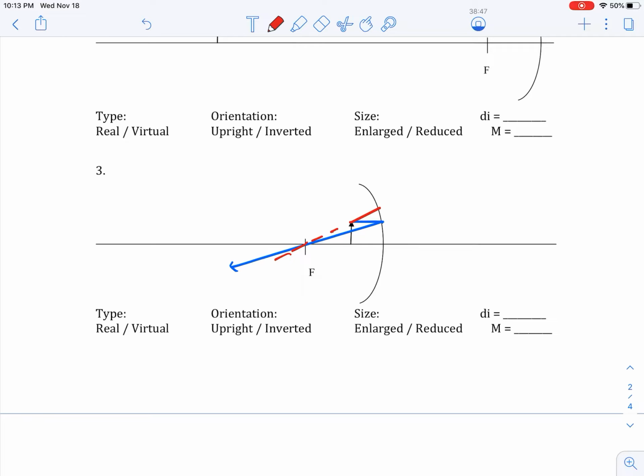This light does not reach my eye. My brain does not know that this beam of light exists. It is not going to try to fill in the missing pathway because it's not aware of this light's existence. So, yes, draw it along that path into the mirror, but this is all you're supposed to draw. From here, it's going to bounce straight out of the mirror.